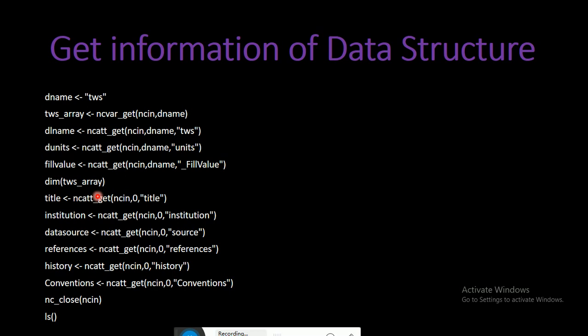Now in this section, we will extract all the information of the .nc file and arrange this information in array and matrix format.